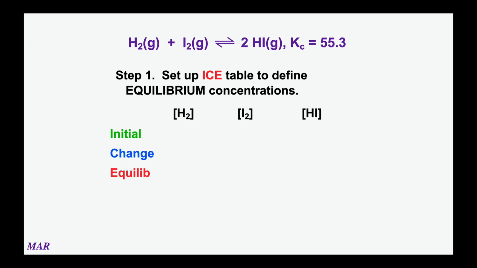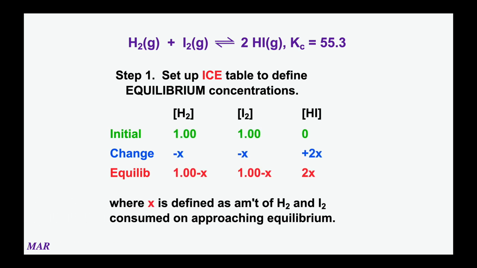Now, initially in this reaction, we have 1 mole per liter of H2 and 1 mole per liter of I2, and we don't have any HI. Now, H2 and I2 are going to go down by some amount, and let's call it x. And x is how much not only the H2 decreases, but the I2 as well. H2 and I2 both have a stoichiometry of 1.